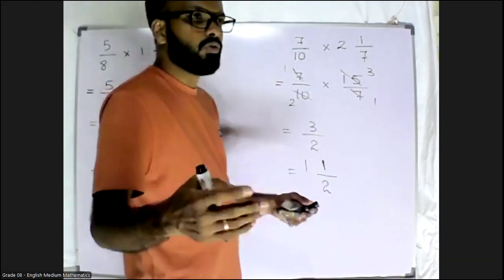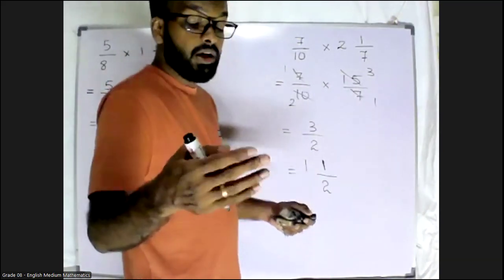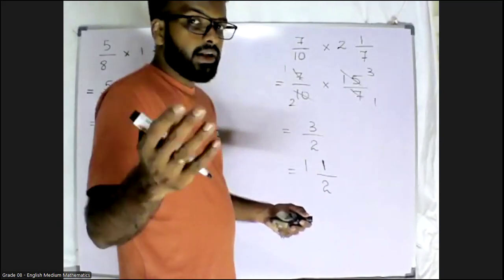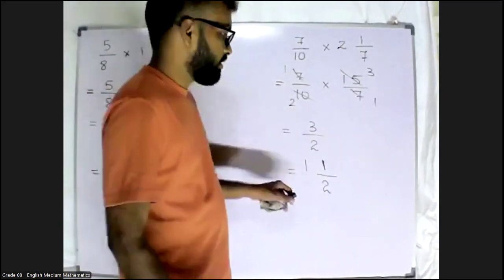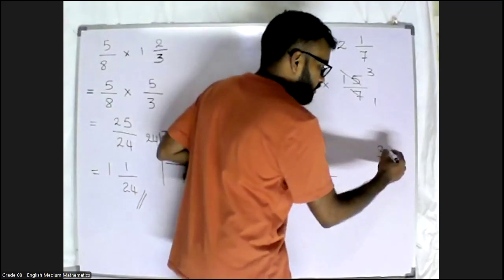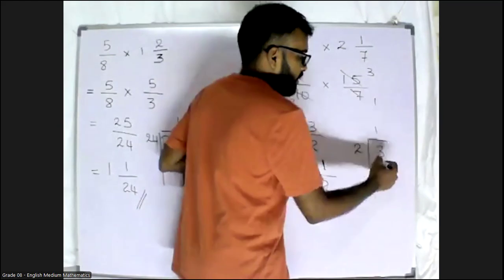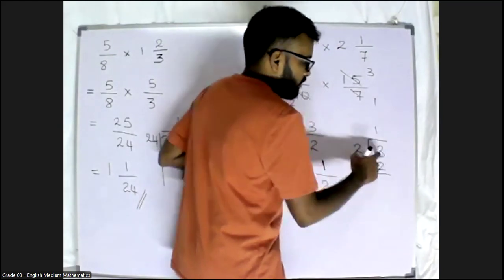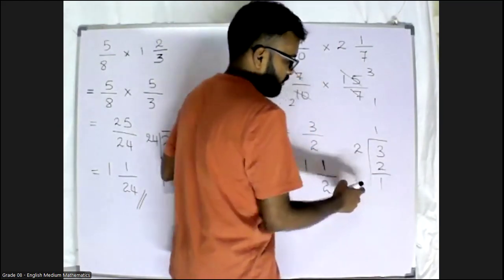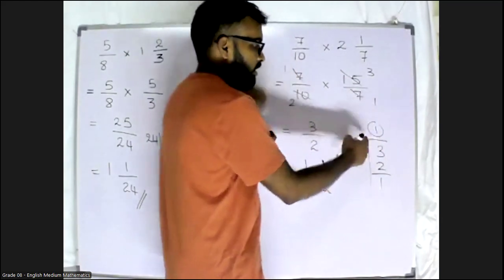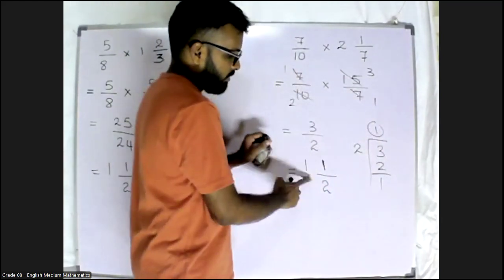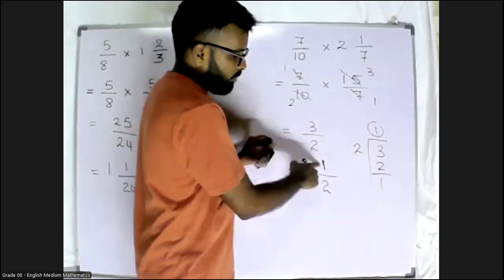So when you go to grade 8, grade 9, and grade 10, you will catch this. Right now you have to use the long division if you want. 2 times 1, 2, 3 minus 2, 1. So this is the whole number part, and the remainder is this.